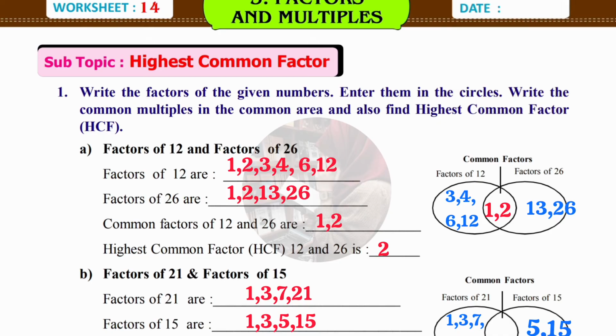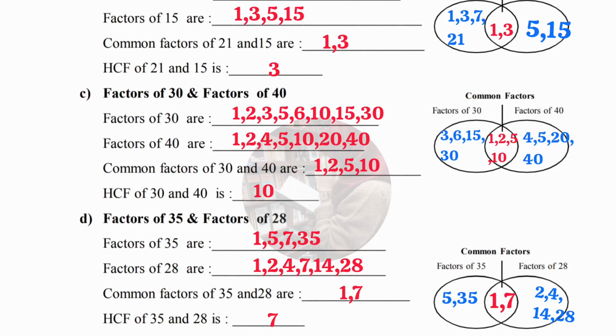Now we have to write the common factors of 21 and 15. If you check the factors properly, you will definitely find the common factors. Here the common factors are 1 and 3. In that, the highest common factor is 3.